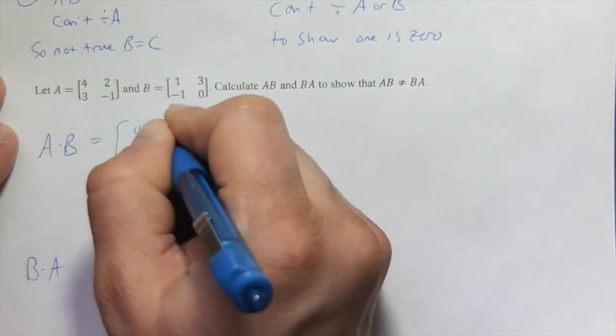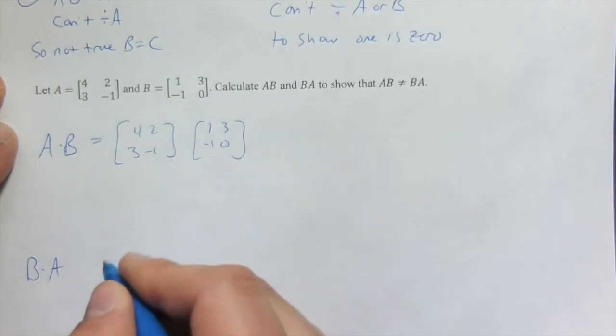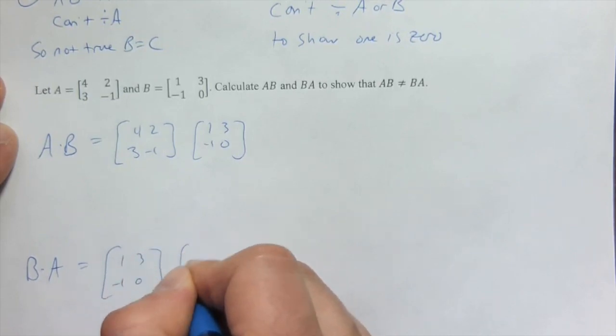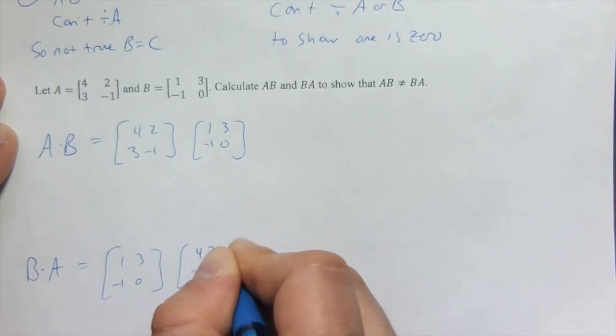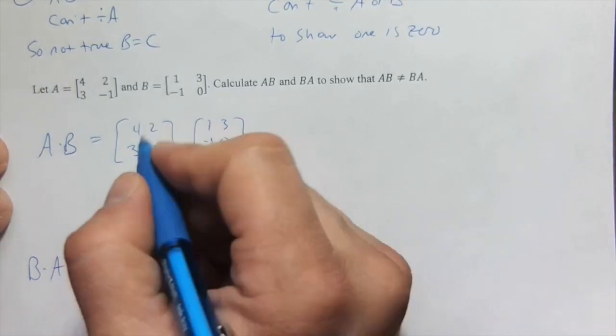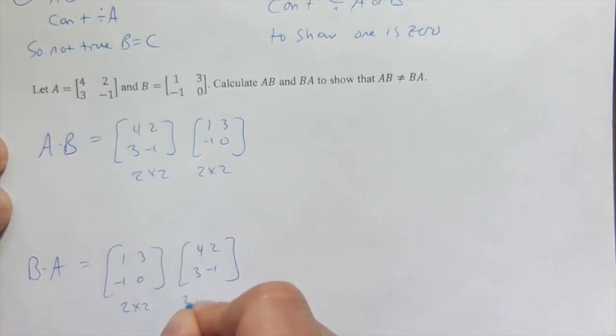This would be A times B. This would be B times A. They're both 2 by 2s, right? 2 by 2, 2 by 2, 2 by 2, 2 by 2.